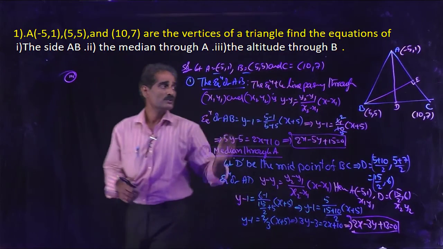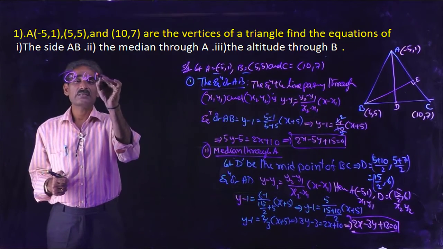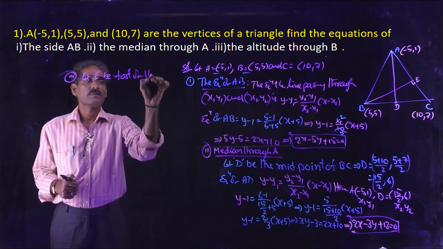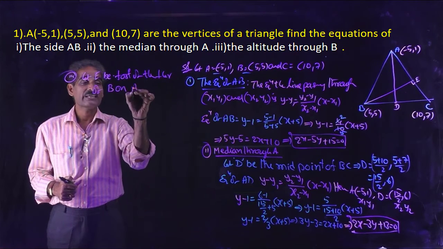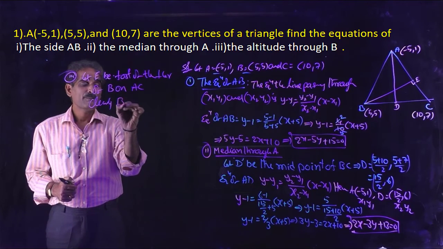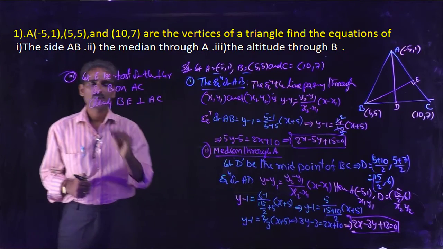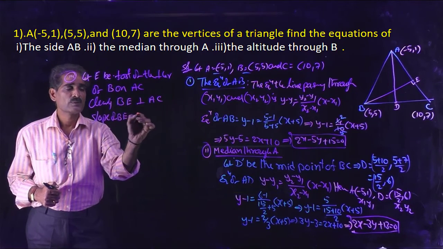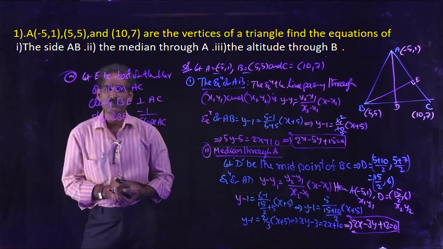So now come to this one. Let E be the foot of the perpendicular of B on AC. Clearly, BE is perpendicular to AC. Slope of BE is equal to minus 1 by slope of AC because AC and BE are perpendicular.